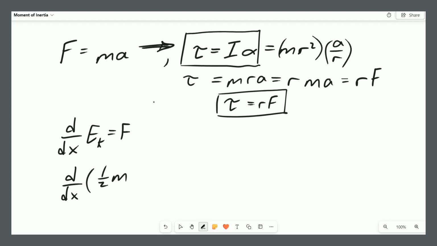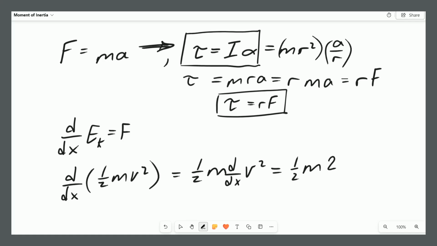tangential velocity. 1/2 m comes out of the derivation process because it's constant. And then we have 2v dv by dt, dv by dx.